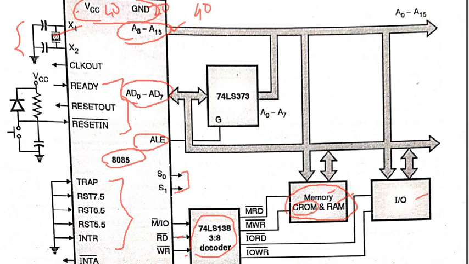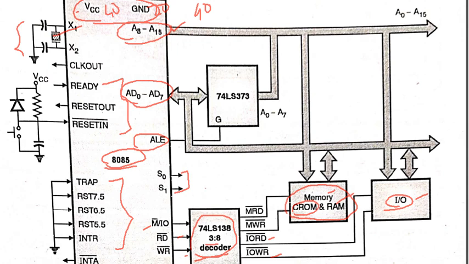So these two memories are used. Then input output devices are connected with this 8085 microprocessor. So here a 3:8 decoder is used for decoding of this memory and input output device read and write data.